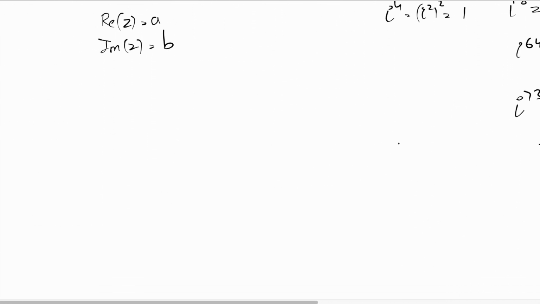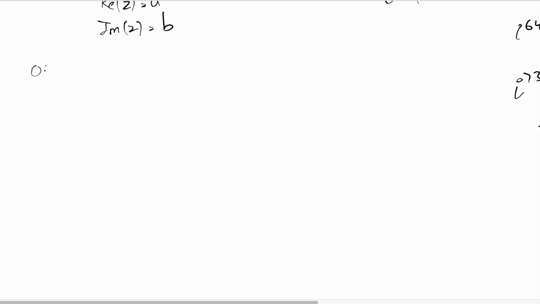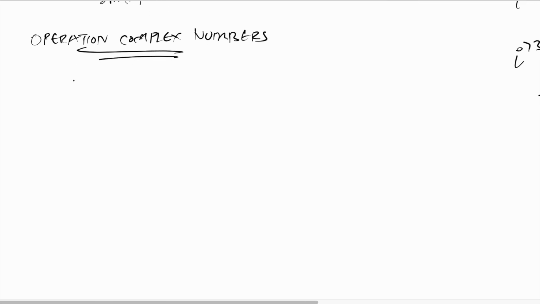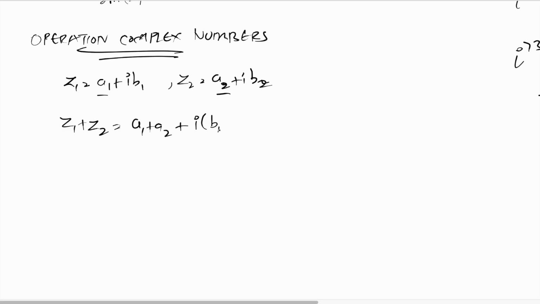Okay, so next thing, operations involving complex numbers. The most basic of the operations is addition and subtraction. So if I have a complex number z1, which is a1 plus ib1, and complex number z2, which is a2 plus ib2, and I have to add the complex numbers, the procedure is quite simple. I'll just have to add the real parts together and the imaginary ones together, like this.